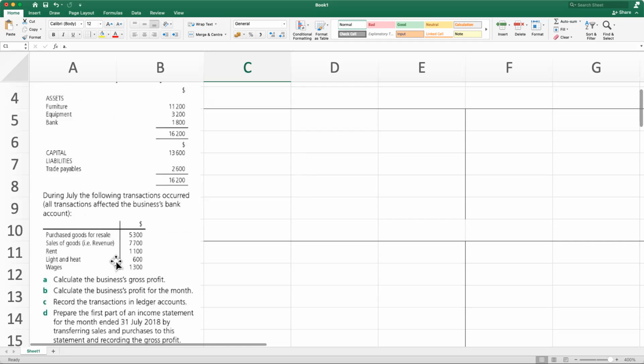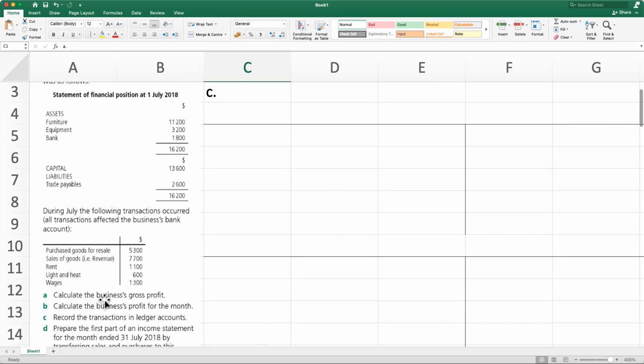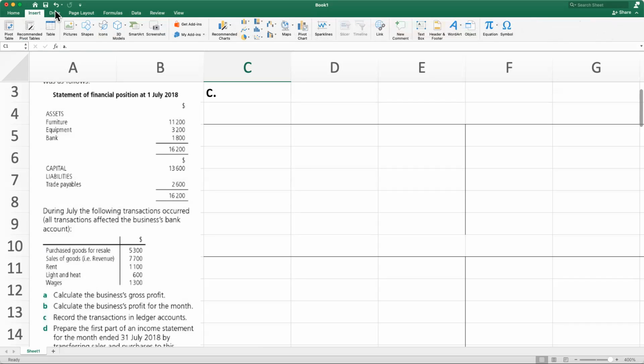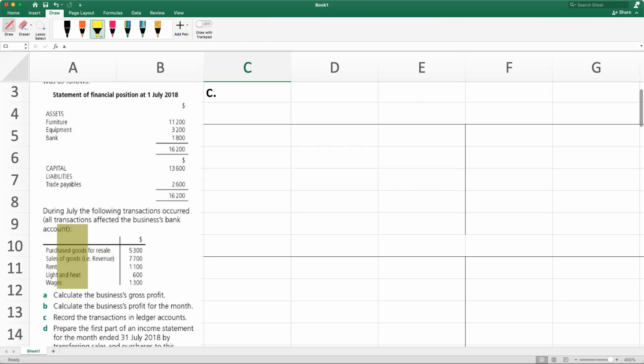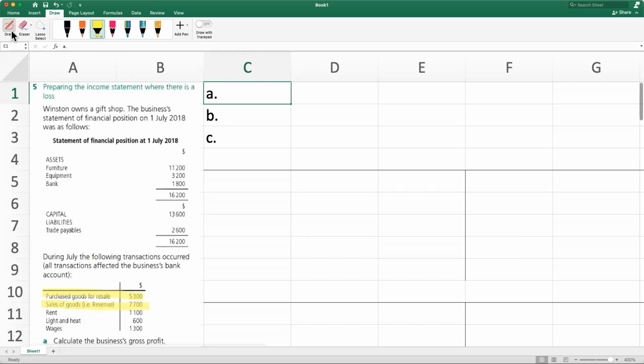Now, let's look at the first question, which is calculate the business's gross profit. In order for us to calculate the business's gross profit, we need to use a few things. For example, we need to use the purchases. We also need to use the sales. So this is the only way to calculate your gross profit.